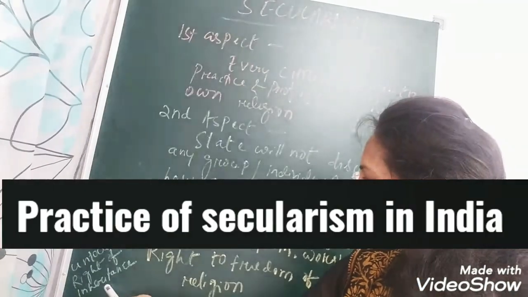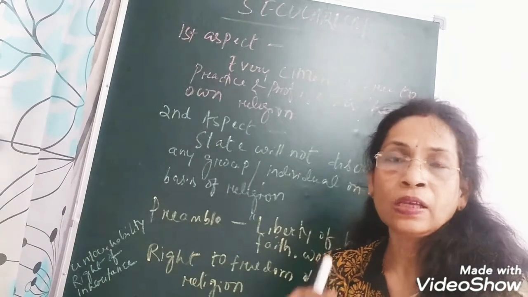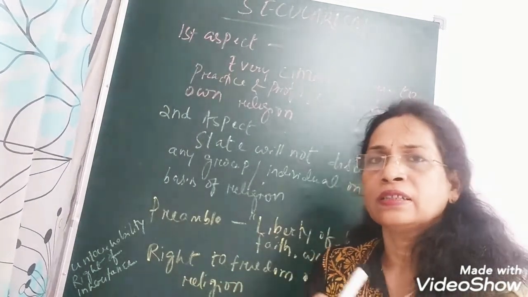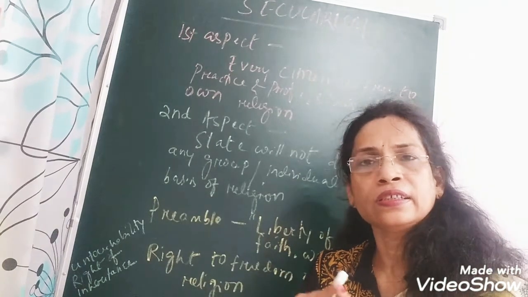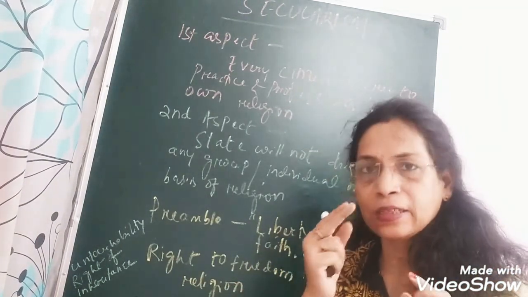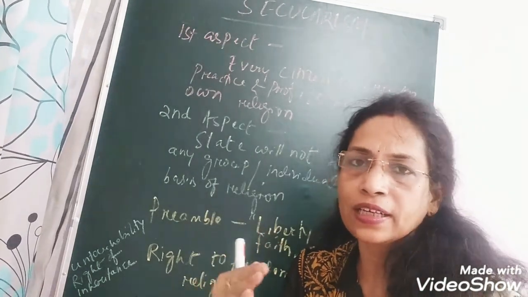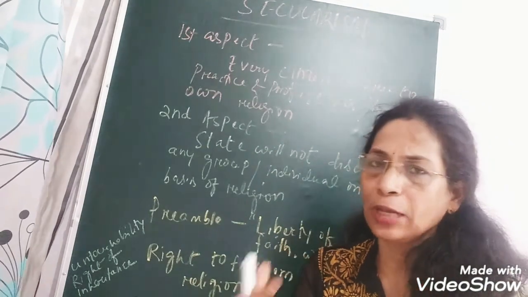One more is the right of inheritance. Property right. Earlier the right to property was of the male child only. It means in the parental property, the male child had the right of inheritance, but it was amended.